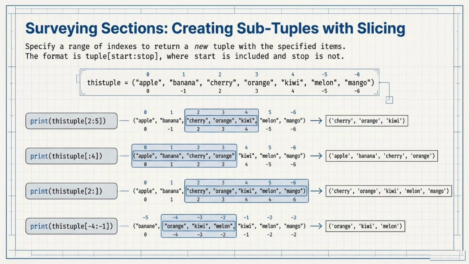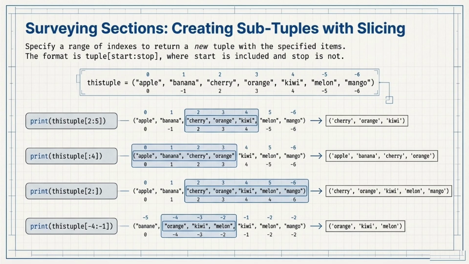For example, given the tuple apple, banana, cherry, orange, kiwi, melon and mango, using this_tuple[2:5] returns the elements from index 2 up to but not including index 5, resulting in cherry, orange and kiwi. If the start index is omitted, slicing begins from the first element.